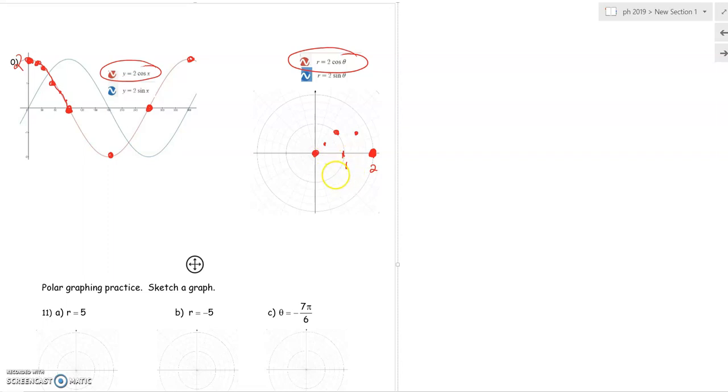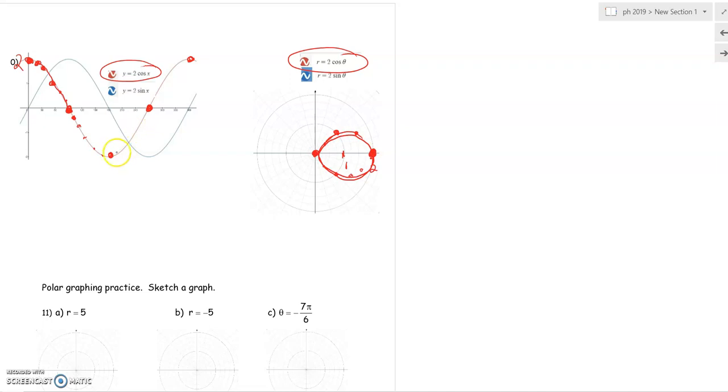Again, notice that from 90 to 180, that r value, or y value, is going from 0 to negative 2, so it's going to be a little bit larger in magnitude each time. At 135, we had approximately negative 1.4, which should be right here. Our r value is getting closer and closer to negative 2. So we have what would be a circle.